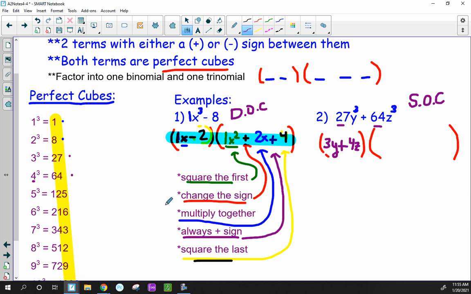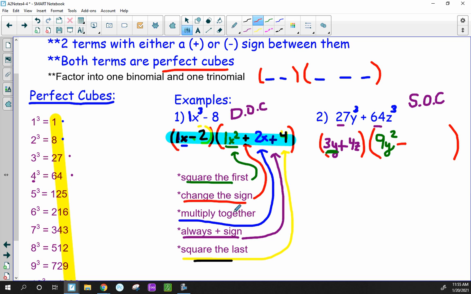Now I'm going to follow all of these rules. And so we'll start with square the first. They're wanting me to square this piece. 3y times 3y. 3 times 3 is 9. Y times y is y squared. Change the sign. If this is a positive, we make this be a negative.